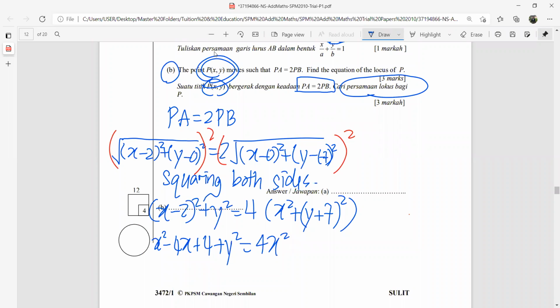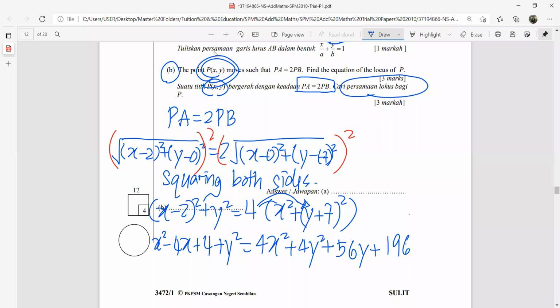Expand. Oh, this one, y squared. Okay, I should expand the 4 into this bracket, 4y squared. 7y, 14y, 14y times 4. So 14 times 4, you must have this speed to do maths. You are not going to do it very slowly. 7 squared, 49 times 4, 196.